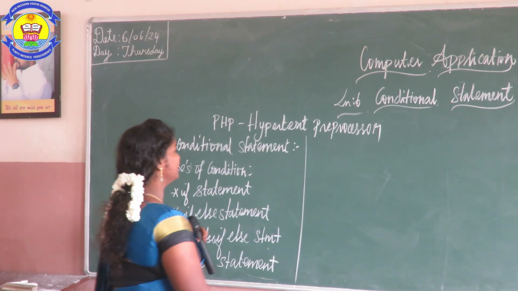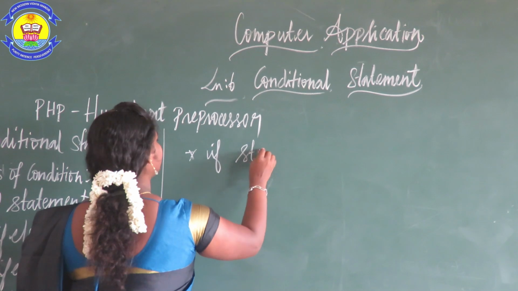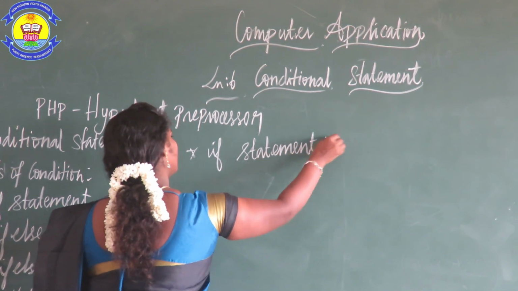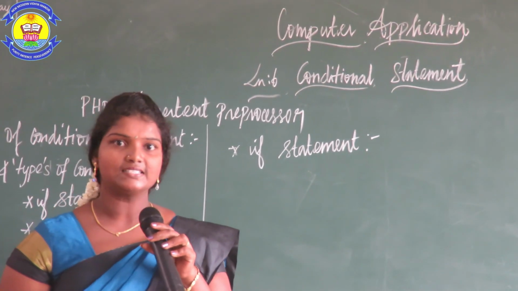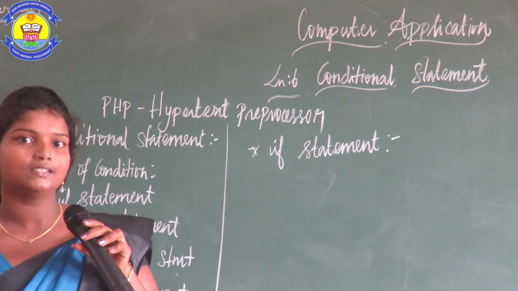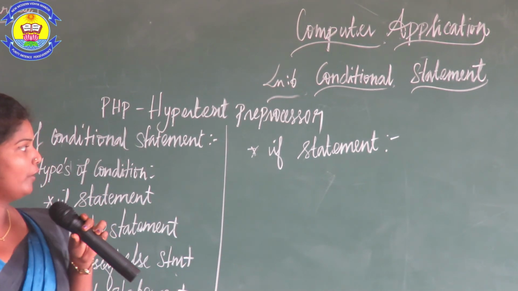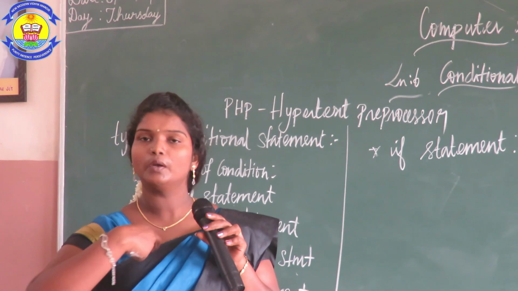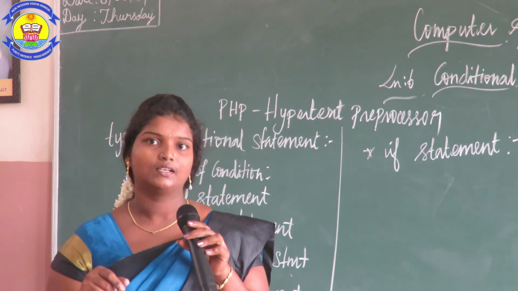Now we learn what is if statement. Already I told you the condition is made true as well as false. I am going to make alternative decisions. If I am coming to school, I should reach within 9 o'clock.